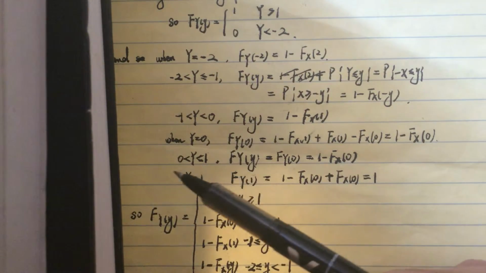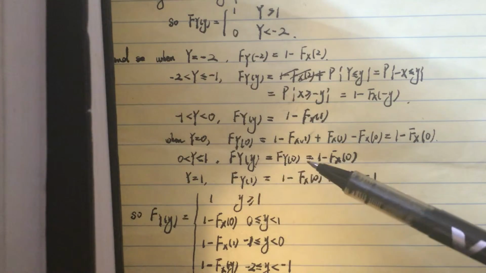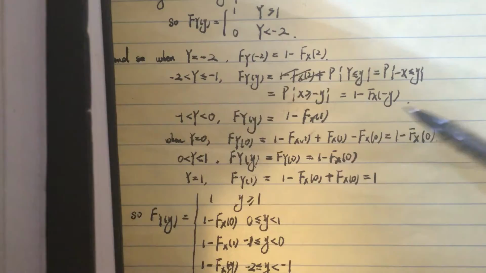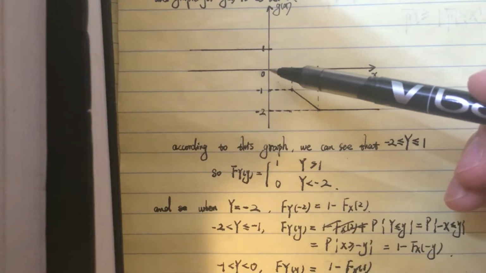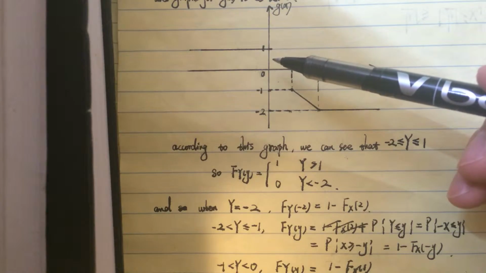Again, when y is larger than 0 and smaller than 1, f_Y(y) will equal this value, because there's no x that corresponds to it.